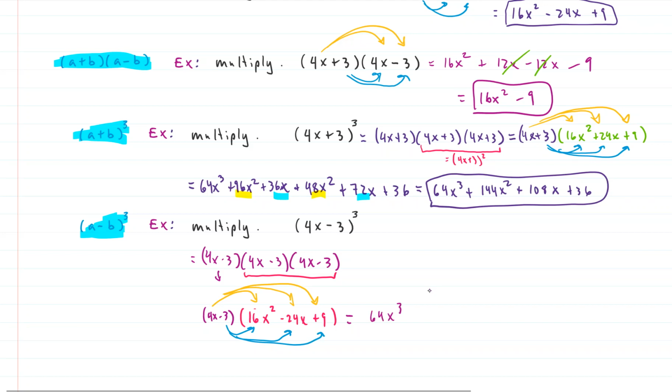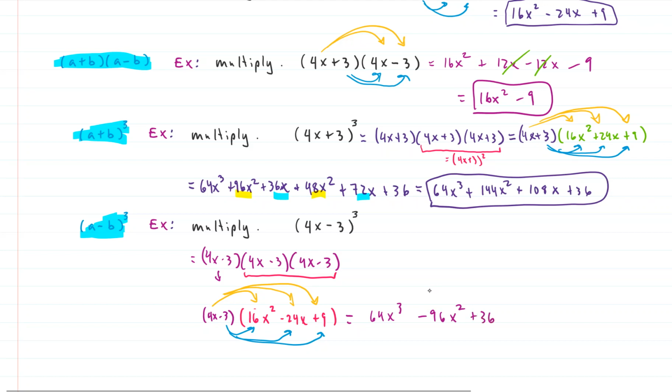And then 4x and negative 24x give us negative 96x squared. And then we have 4x and 9, which give us 36x.